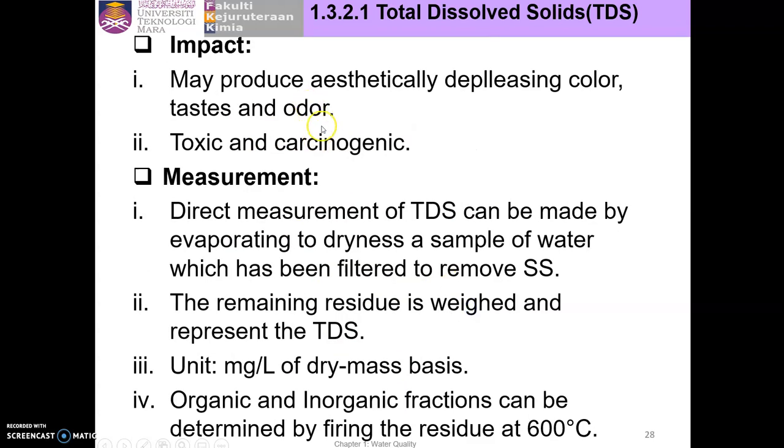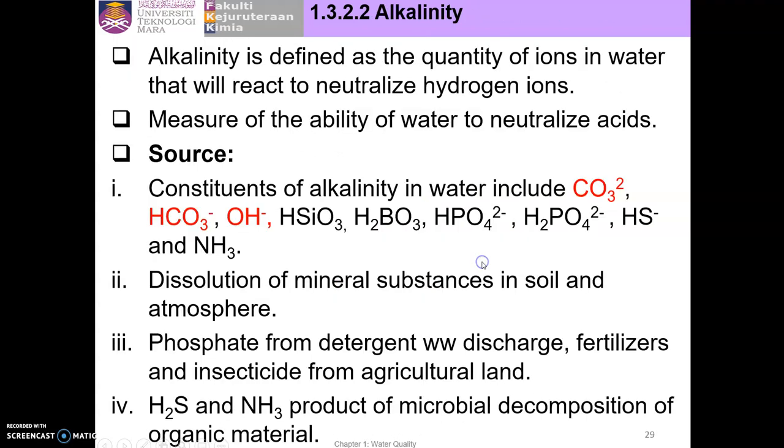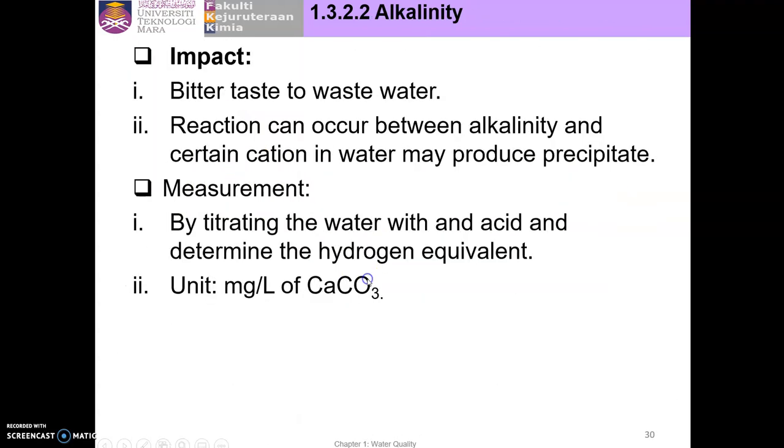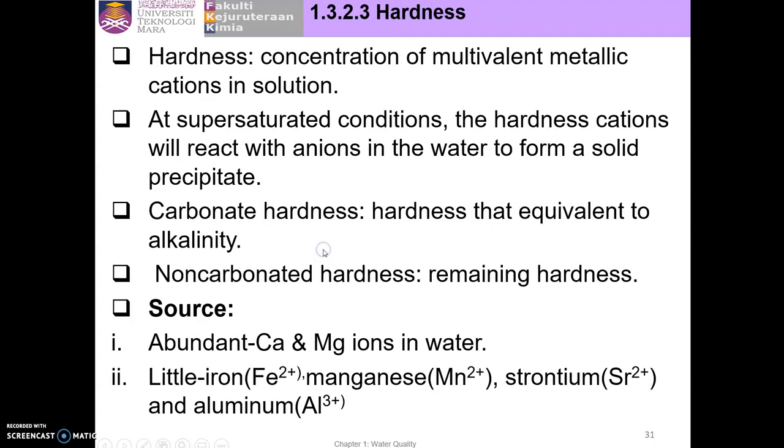These are the impacts of total dissolved solids: it may produce aesthetically displeasing water and also toxic and carcinogenic effects. The measurement of total dissolved solids, TDS, can be made by evaporating a sample to dryness, same as before. So these are the sources and the impact.